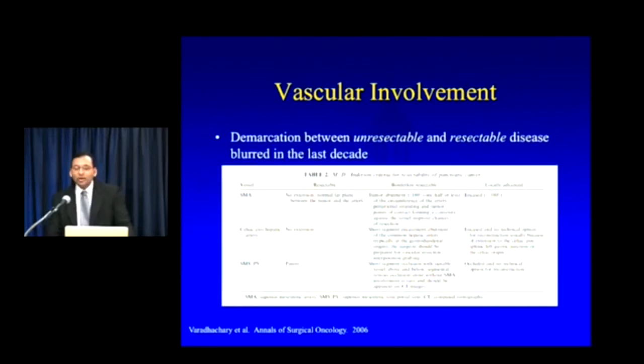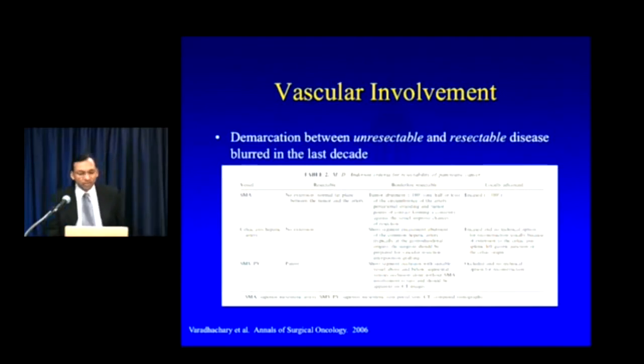On the other hand, over the course of the last decade, we've now seen this new category of so-called borderline resectable disease. These are patients who have some degree of vascular involvement, in some cases pretty significant vascular involvement, and they're still potentially operative candidates, usually after a round of chemotherapy and radiation. The definition of borderline resectable will vary from surgeon to surgeon, from institution to institution, but this slide lists the classic definition.